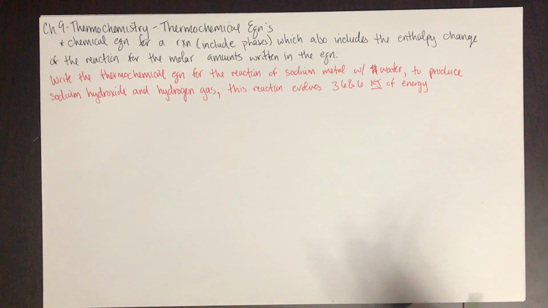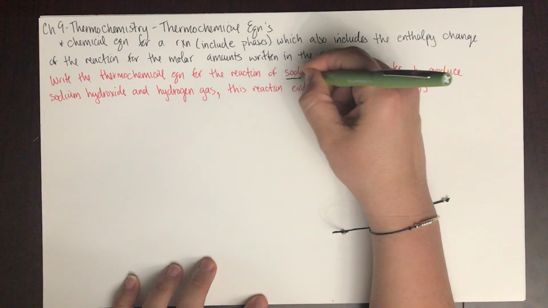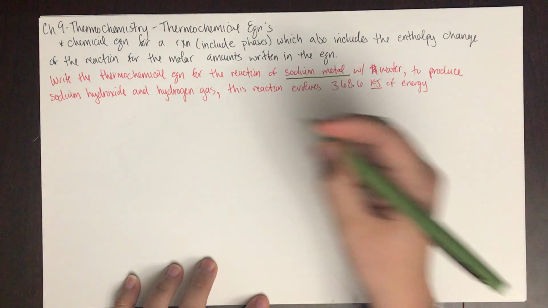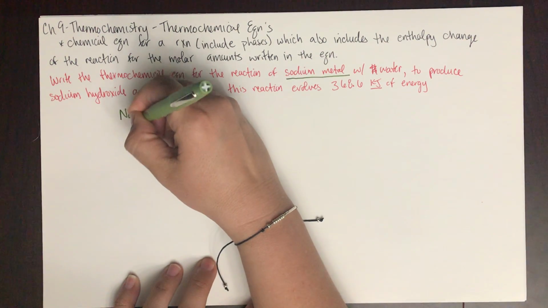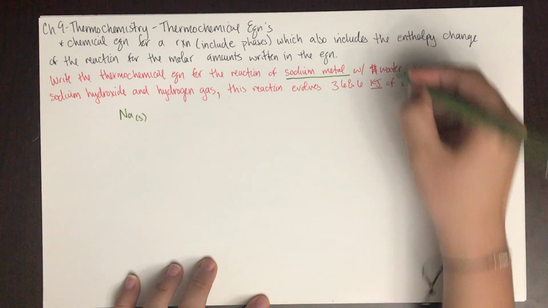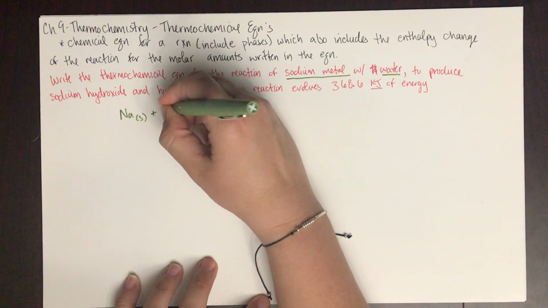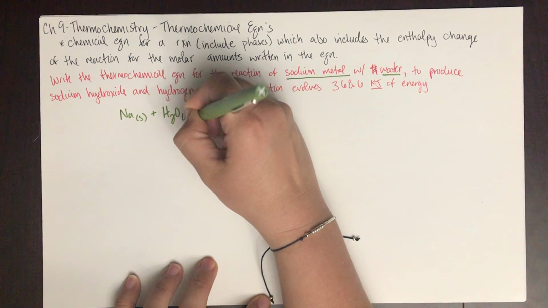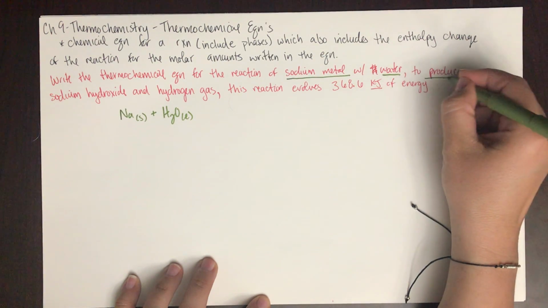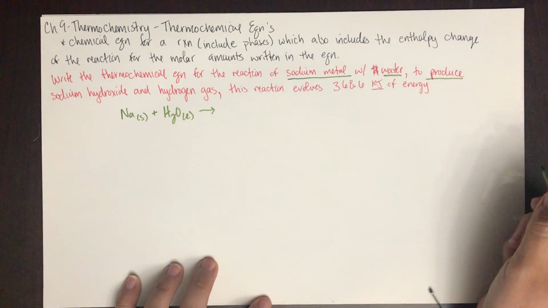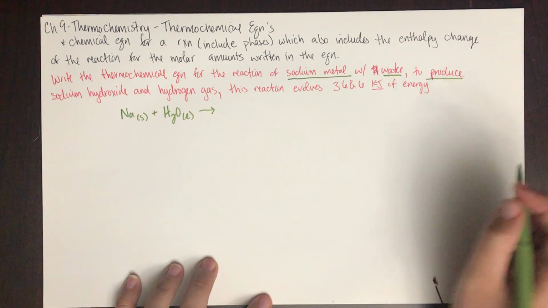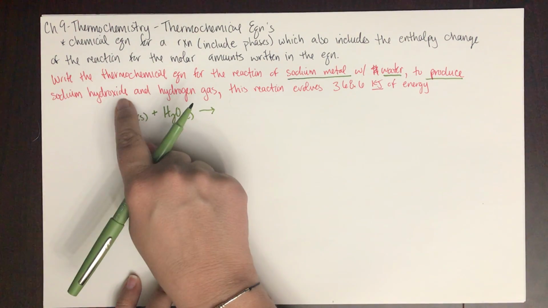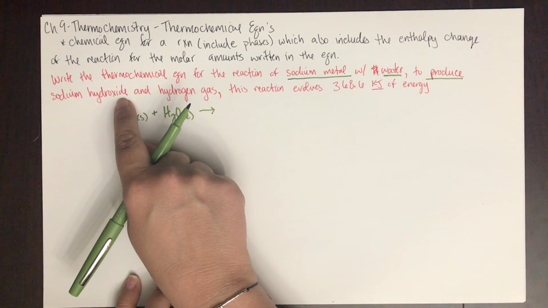So let's see what we have. We have sodium metal, so that is going to be Na solid, with water, plus H2O liquid, to produce, which means there's an arrow, sodium hydroxide. Sodium is Na plus, hydroxide is OH minus.